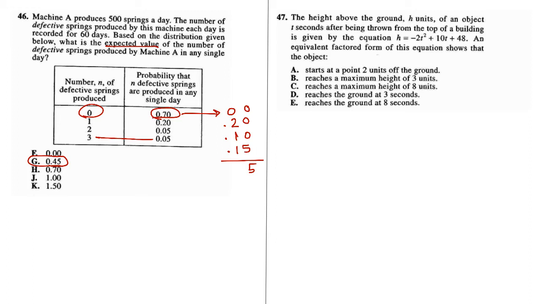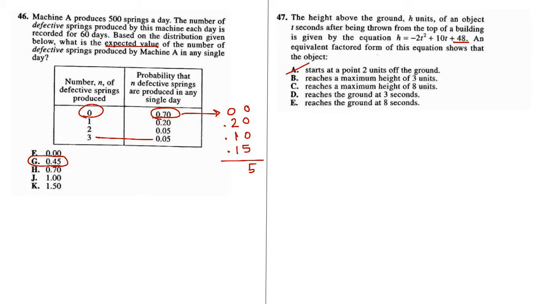Starts at 2 units off the ground. Does this really start at 2 units off the ground? Well, it looks like it starts here off the ground. So I don't think that's going to be it, even before I've started. So it looks like reaches a maximum height or reaches the ground.